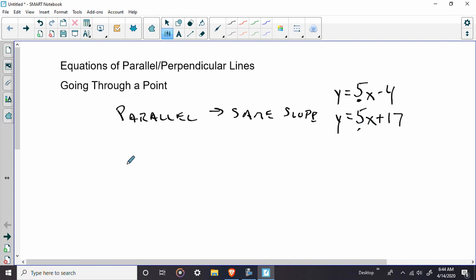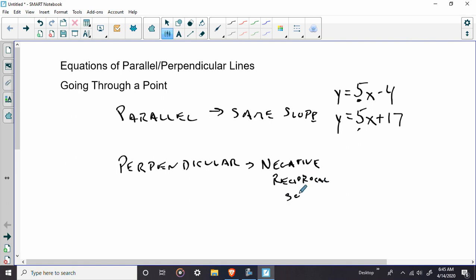Okay, and we said if they were perpendicular, that they would have the negative inverse, or negative reciprocal, slopes. Okay, so what does that mean?